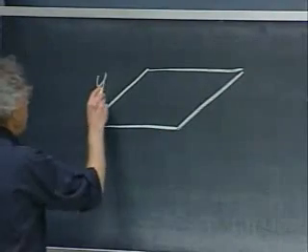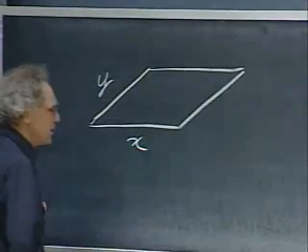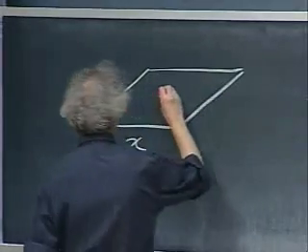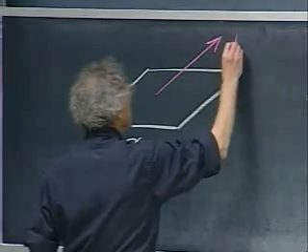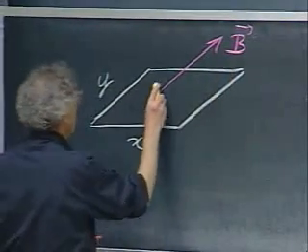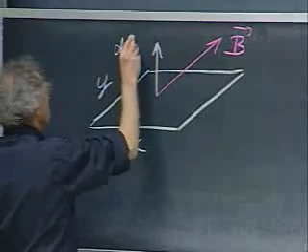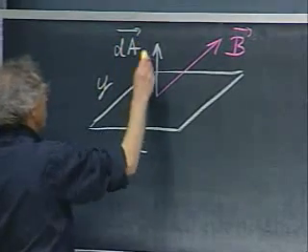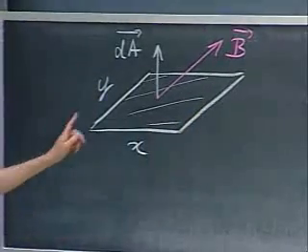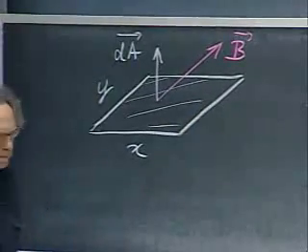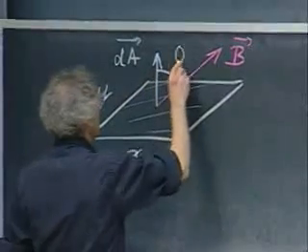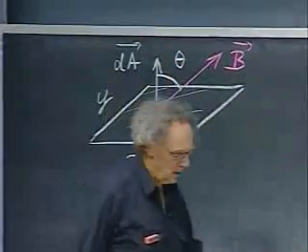Let the dimensions be y, x, and let I have a uniform magnetic field B, like so, and I choose dA as the perpendicular vector to my surface. This is the surface that I attach to that closed loop. I choose it pointing up. And so the angle between dA and B, say, is theta, but B is uniform.